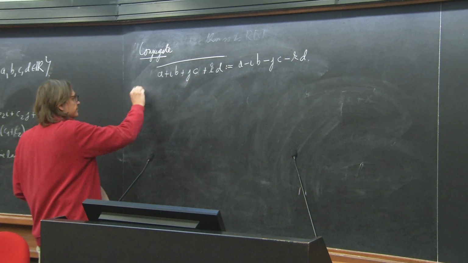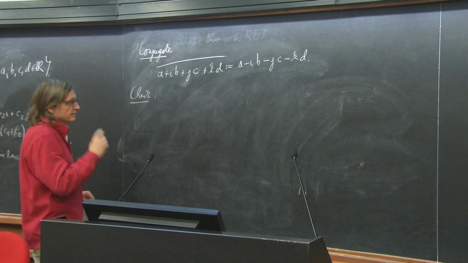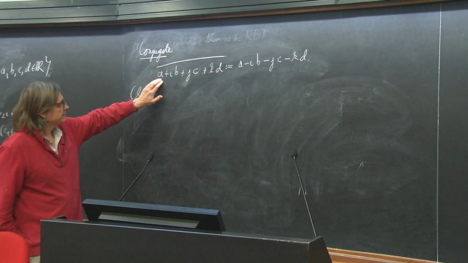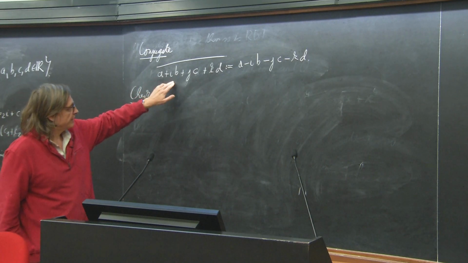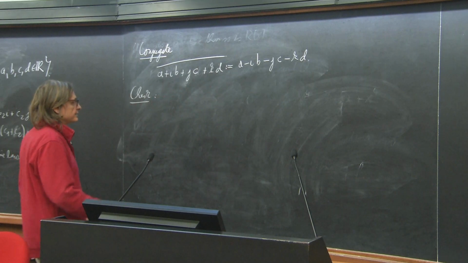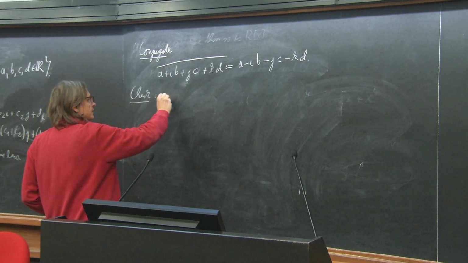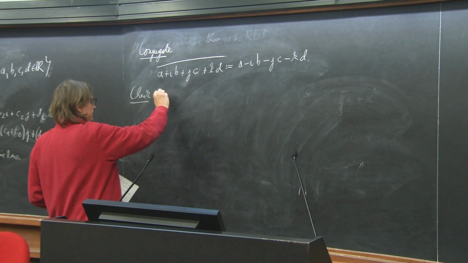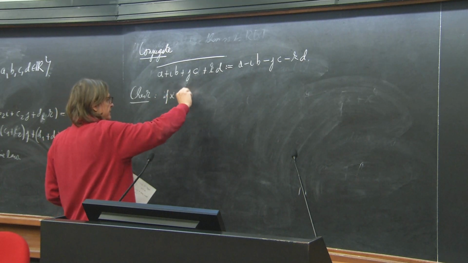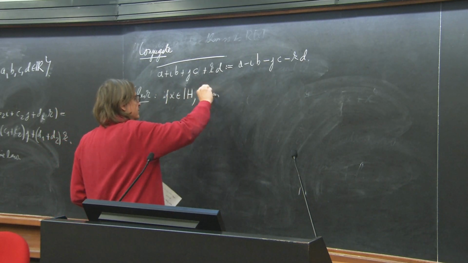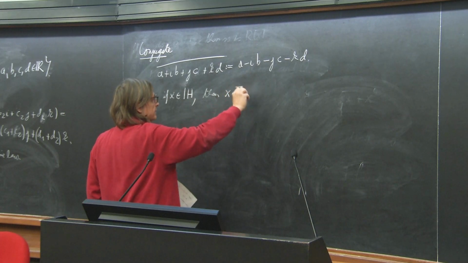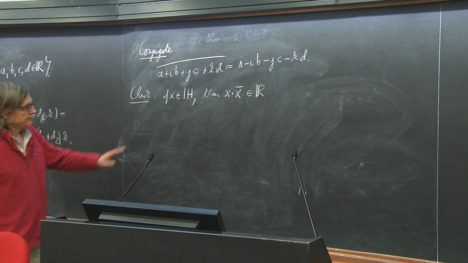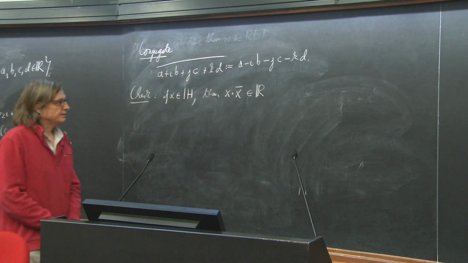And you can check that, where the real numbers are a subset of this, just those where the coefficients of i, j, and k are all 0, if x is an element in H, then x times x bar is an element in the real numbers. Nothing will remain with i, j, and k.